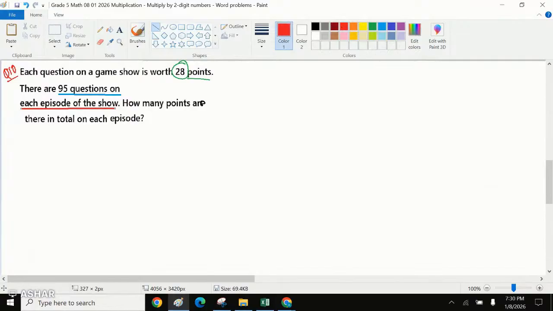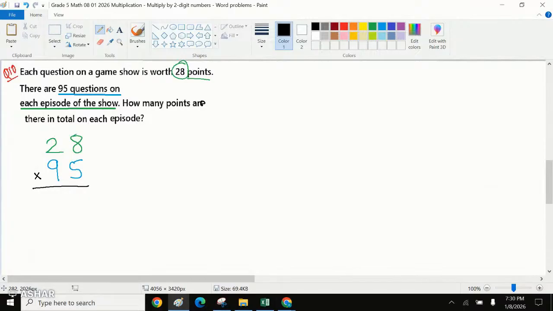That means there were 28 points per question, right? If you answer one question correct, you get 28 points. And how many questions were there? There were 95 questions, right? So when we multiply 28 by 95, what is the answer? Can anyone help me out?